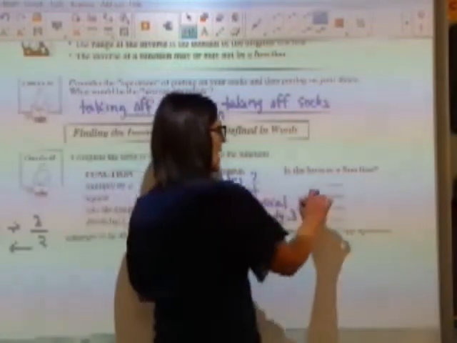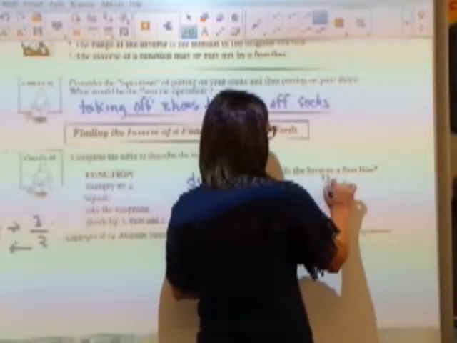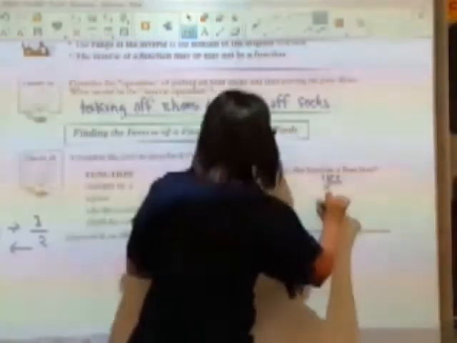No, for every input and I tell you to divide by 2, you're only going to get 1 output. If I give you a number and I tell you to square root it, is it possible to get more than 1 answer? Yes. So that is not a function. If I give you a number and I tell you to take the reciprocal of it, are you going to get more than 1 answer? Nope. So that makes it a function.